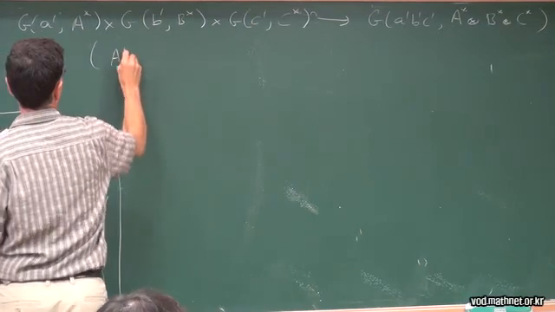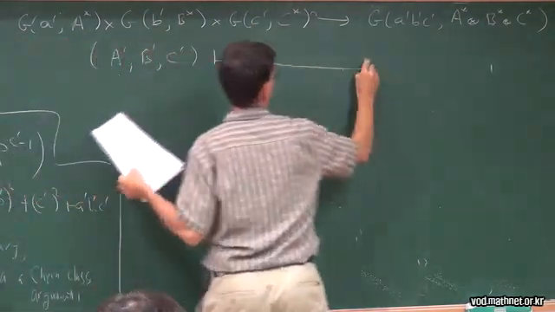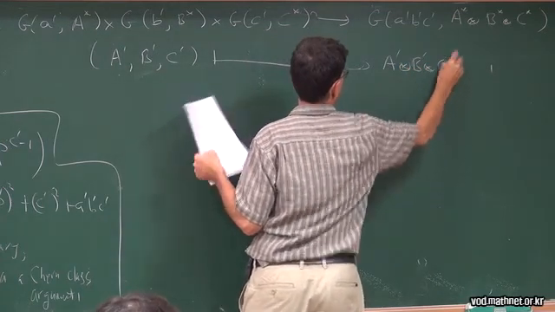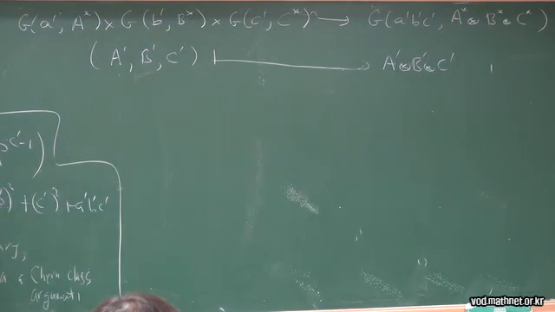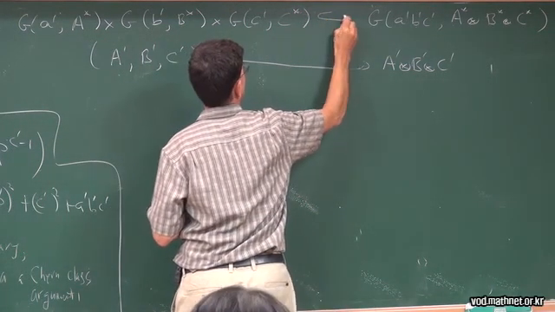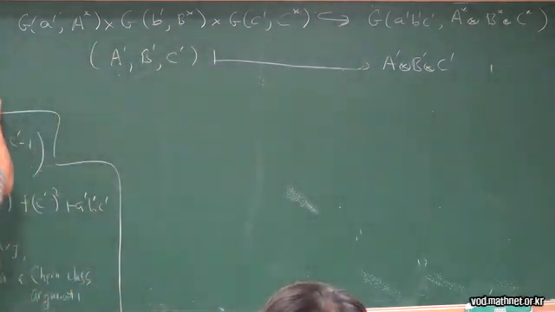A triple will just map to A' ⊗ B' ⊗ C'. And notice that this map is injective. Let sigma denote the image.